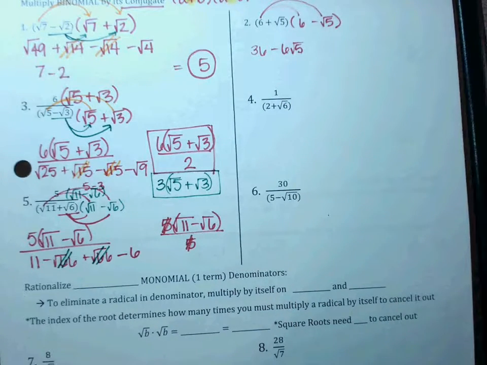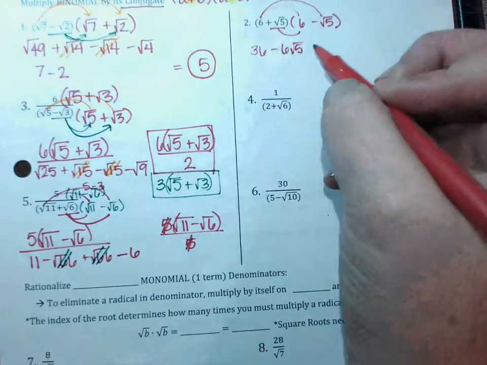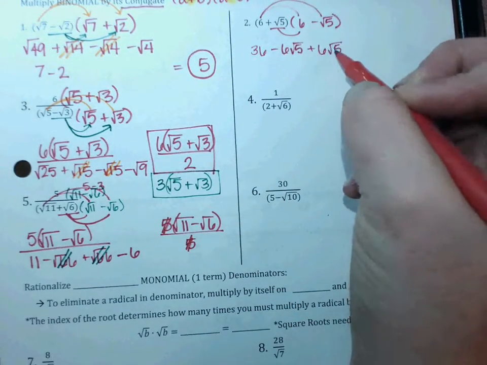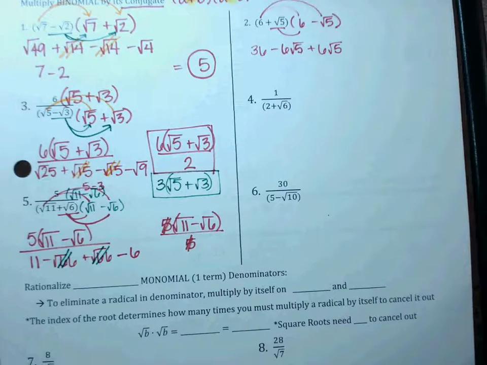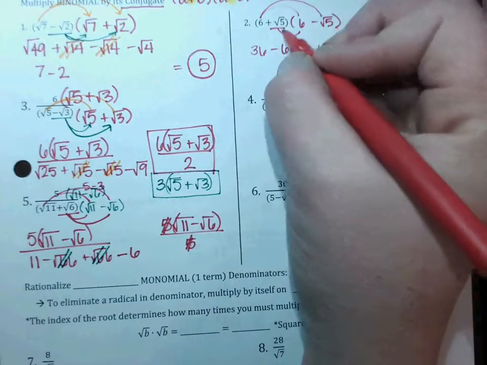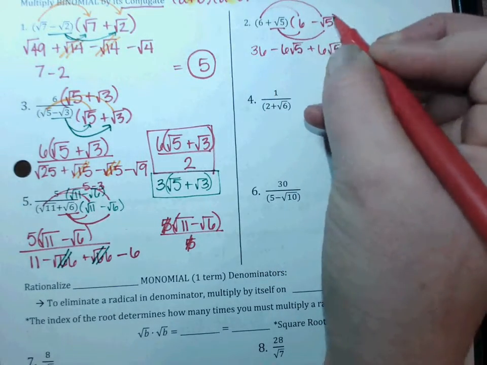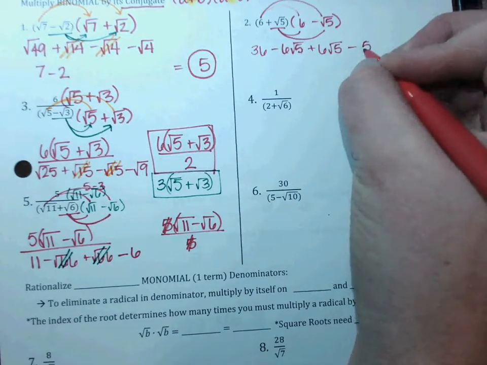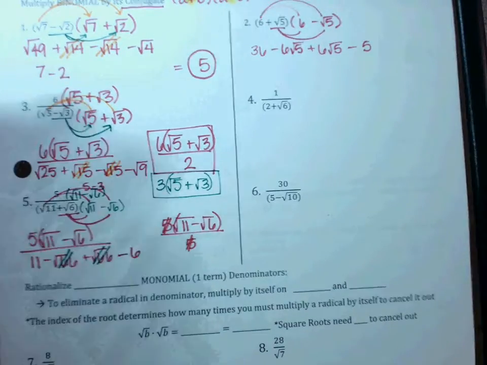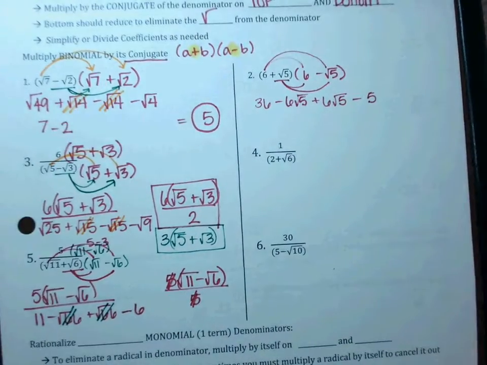The 6 on the outside, the 5 stays on the inside. Then watch, root 5 times 6 is a plus 6 root 5. Remember, they can't go together because the 5 is in the house, the 6 is not. And then for my last one, I'd have root 5 times root 5, which is just a 5. Now, if you need that last step broken down, remember, what is 5 times 5?